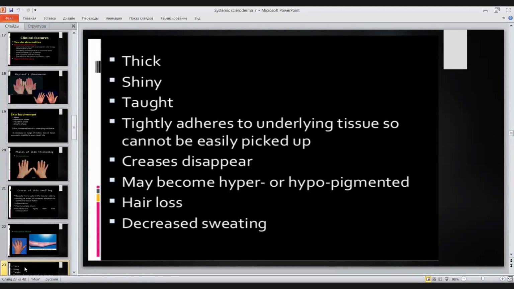It will be hard to pick up the patient's skin. And sometimes you can find in the patient regional hyper- and hypopigmentation areas of skin, hair loss, and decreased sweating. Why? Because of abnormal working of vessels, and due to this all parts of skin function are affected, and sweating also.